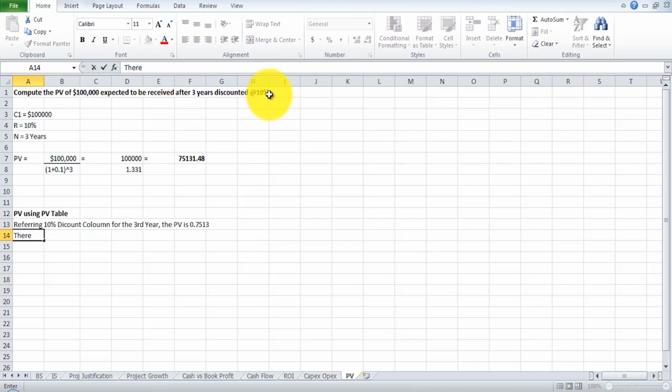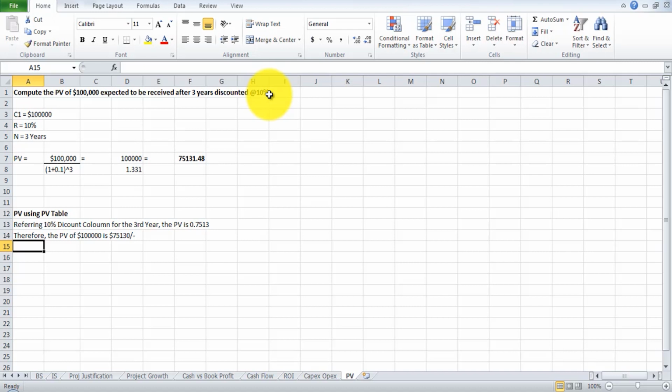Therefore, the present value of $100,000 is $75,130.